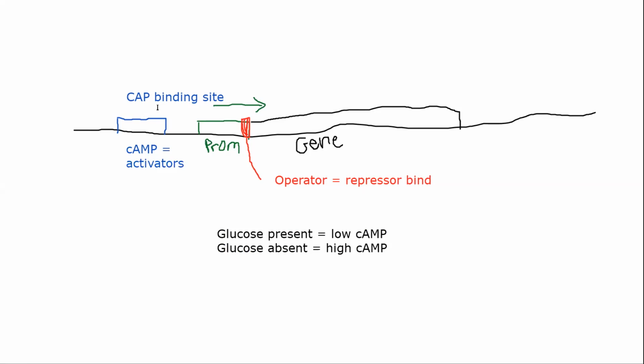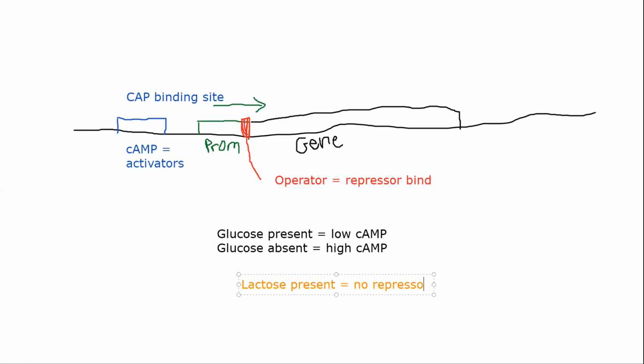Now, for the repressor, glucose being there is going to keep cyclic AMP down. So that means that if lactose is present, here's another option: lactose present equals no repressor.